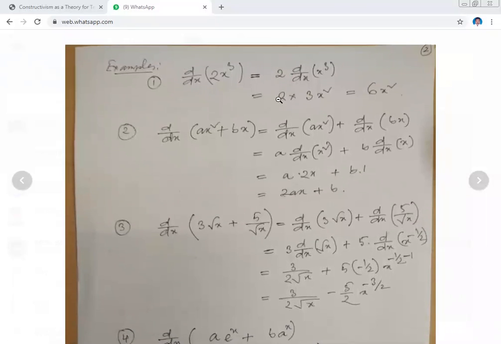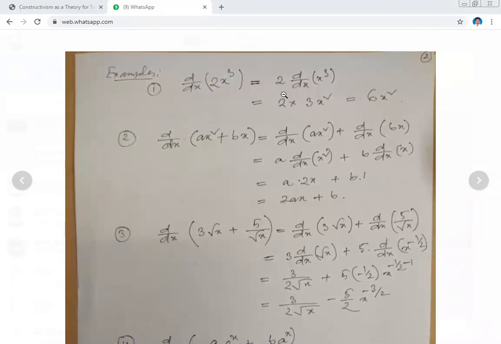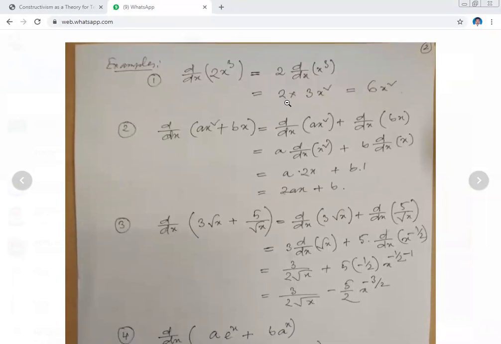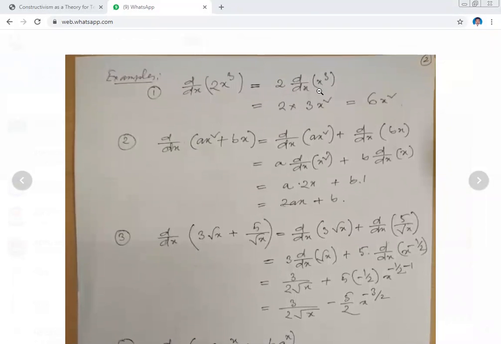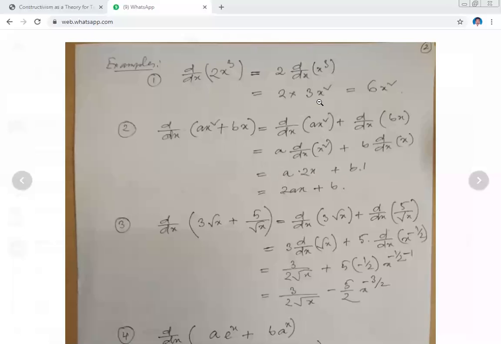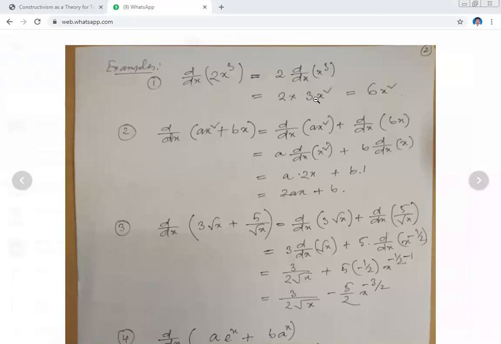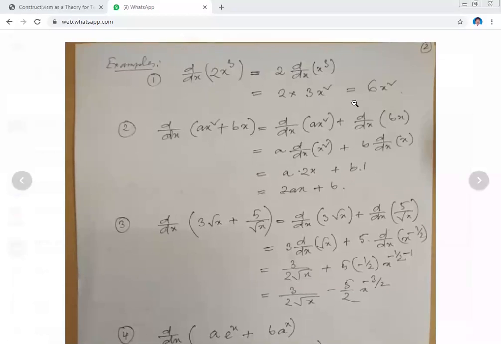Then we rewrite it as 2 into d/dx of x cube. Thus 2 as it is, and differentiation of x cube using the x to the power n formula, n into x to the power n minus 1. That means 3 into x to the power 3 minus 1. 3 minus 1 means 2. So 3x square. So the result is 6x square.